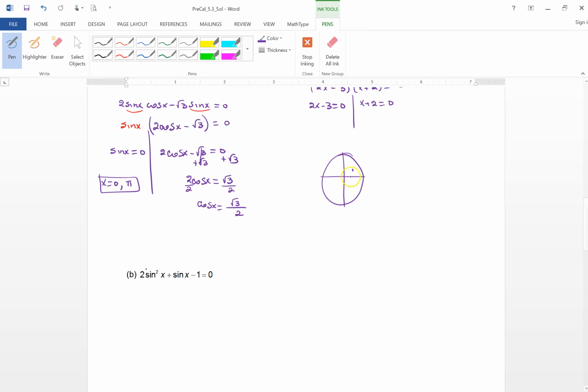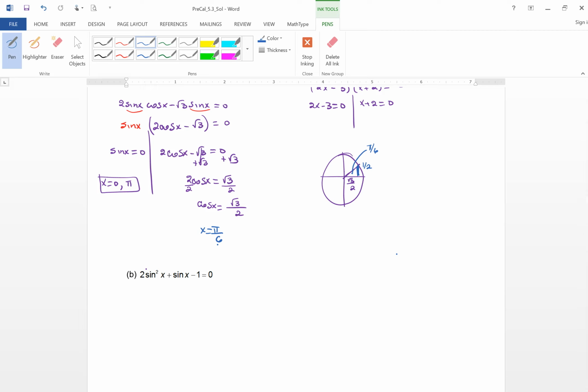Now, if I want the cosine, which is the horizontal side, to equal root 3 over 2, that means the vertical side is the small 1/2. That means it's facing a small angle of pi over 6. Okay? So it's pi over 6. Now, in what other quadrant is cosine positive other than 1?